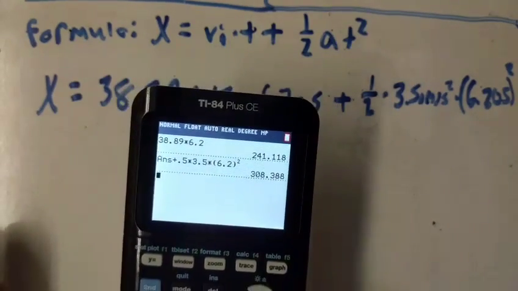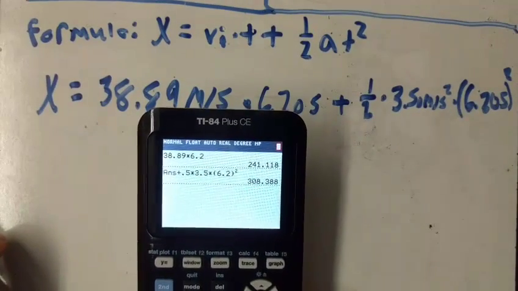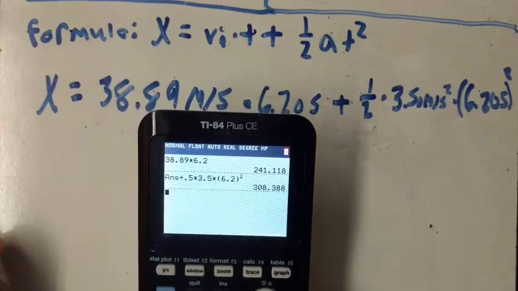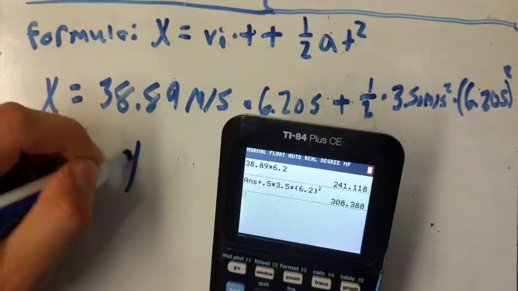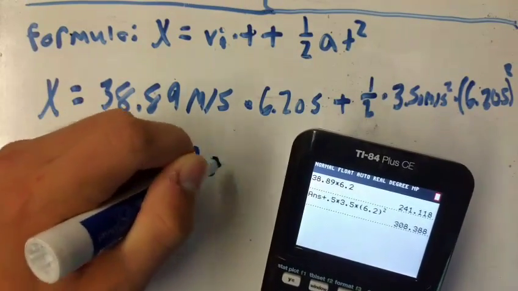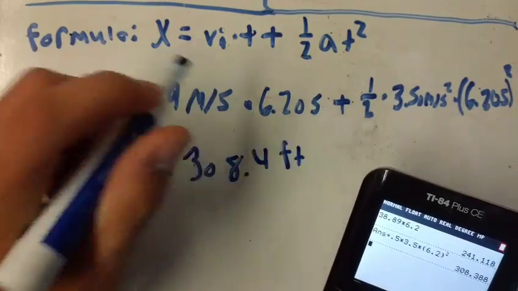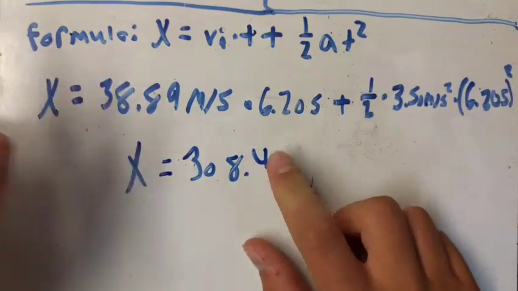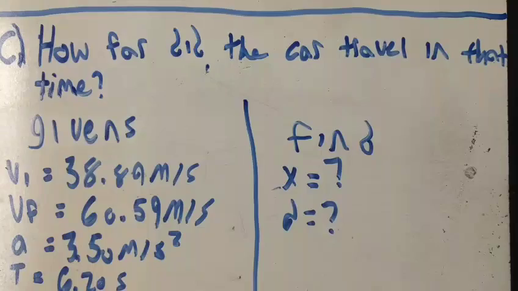And we get 308.38. That rounds to 308.4 meters. So X is equal to 308.4 meters.